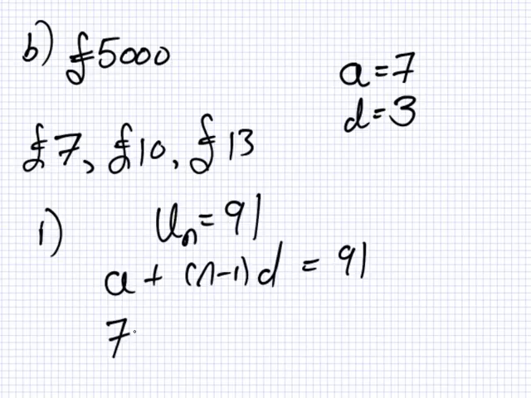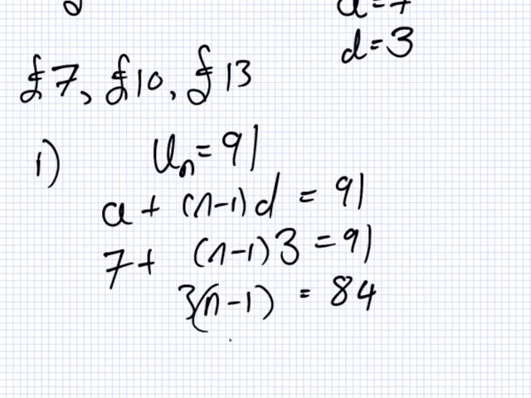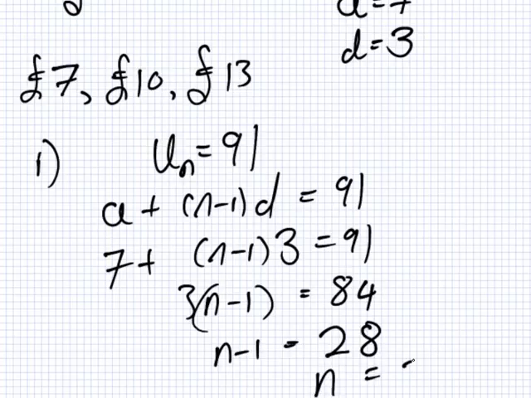So 7 plus (n minus 1) times 3 equals 91. (n minus 1) times 3 equals 84. n minus 1 equals 28. So then n equals 29.